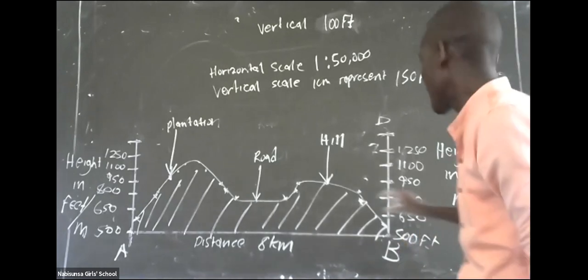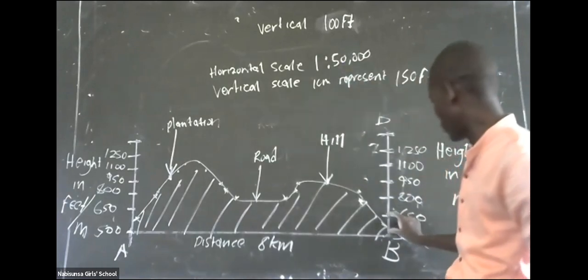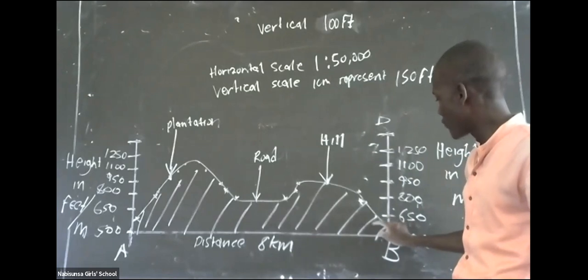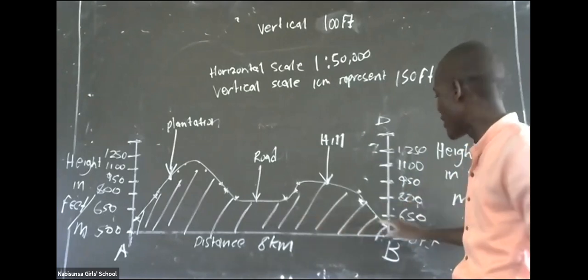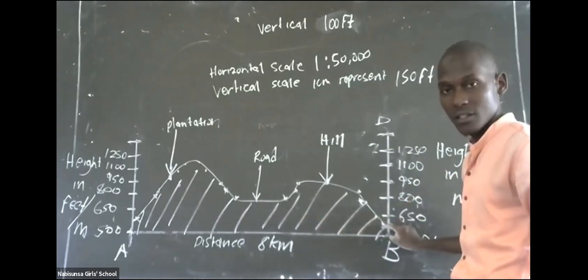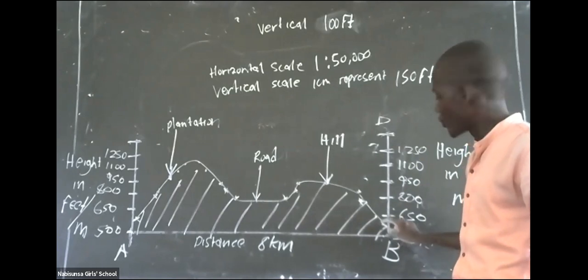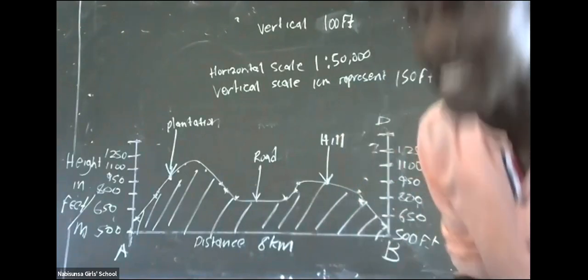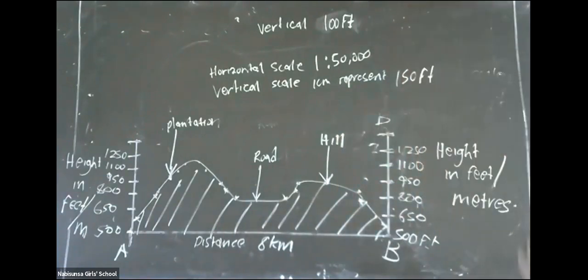I can know that this number on my paper is between here and here, so I have to make sure I put it between there. Automatically, when I draw, we're going to have the same shape the examiner is having on the same map extract. Am I clear? Yes, teacher.